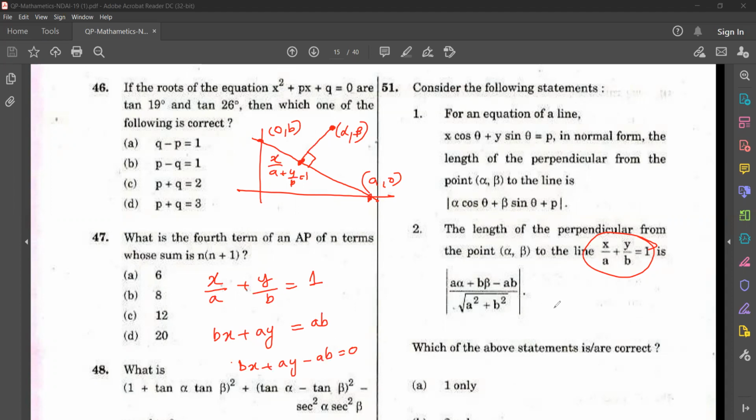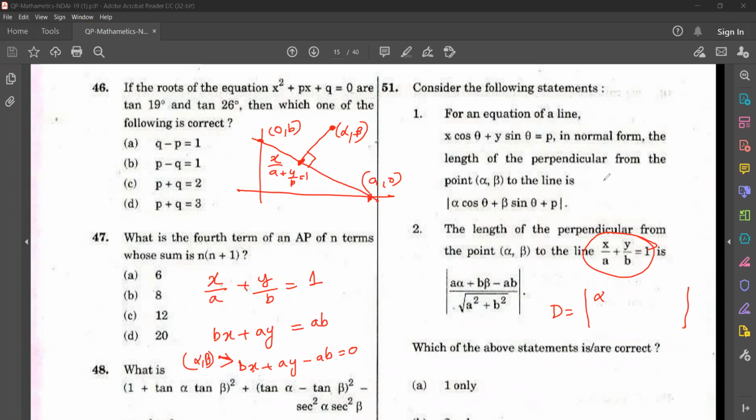Now, what is the formula for finding the distance? Please note down. Here we have the point alpha comma beta, isn't it? You have to find the distance from this point to this particular line. So alpha into b, just like we wrote alpha cos theta for the first one.